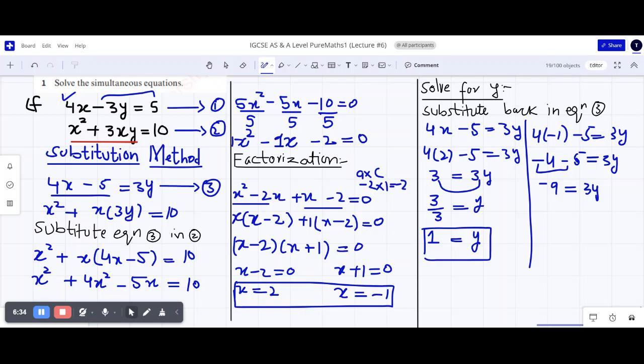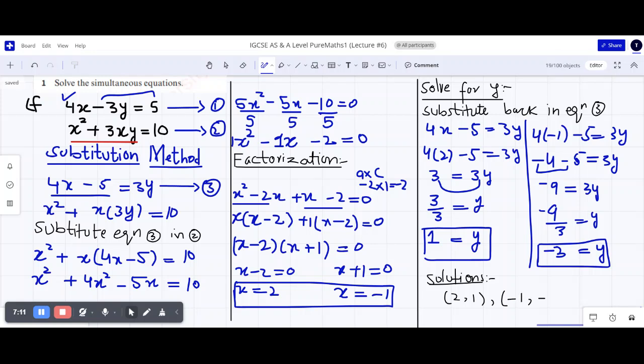Then we shift the 3 there, so it divides: minus 9 by 3 equals y, and finally it would be minus 3, which equals y. So we got the two values of y as well. The solution of these simultaneous equations is: when x was 2, I got y as 1, but when x was minus 1, I got y as minus 3.